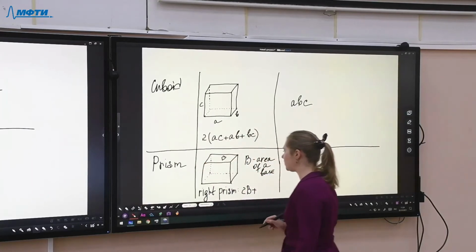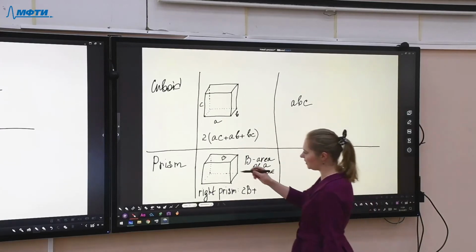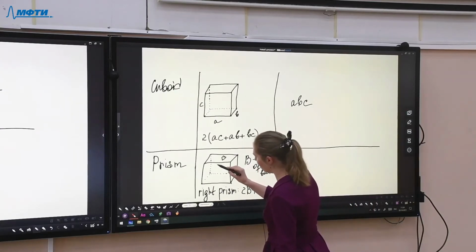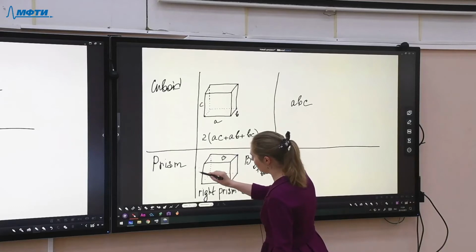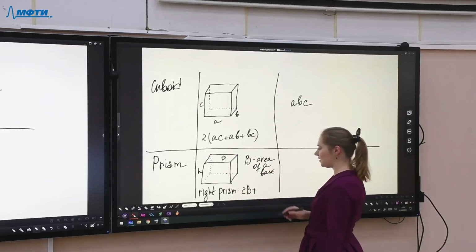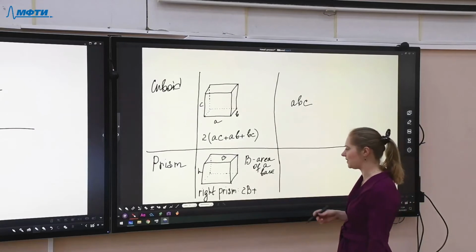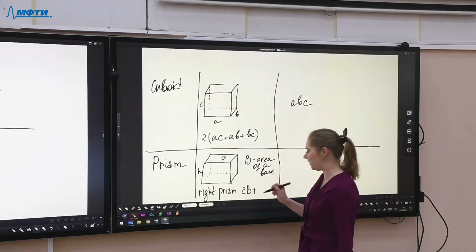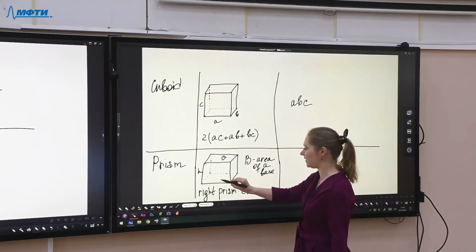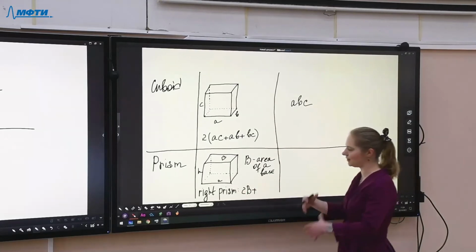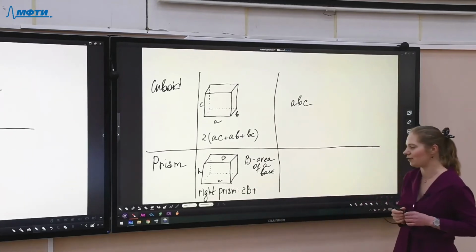And if we're talking about a right prism, we can take an altitude here. It's h. And the area of each face will be h times the side of this figure line on a base.